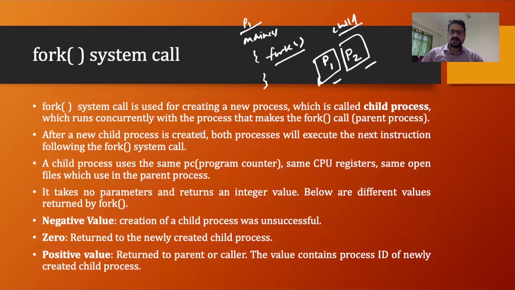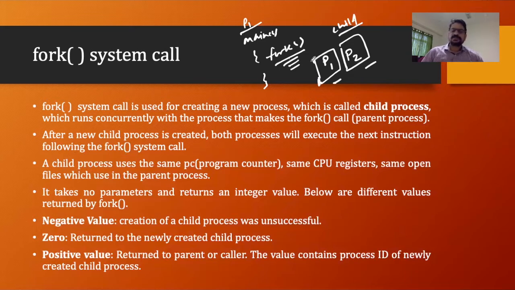After the new process is created, both processes will execute the next instruction following the fork system call. Because P1 has executed the fork system call, P2 is not going to execute it. It will execute the instruction which is after the fork system call.